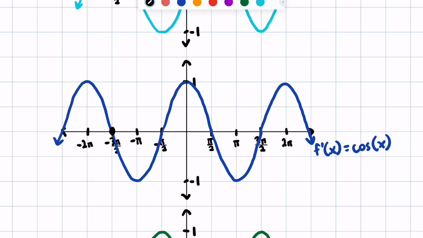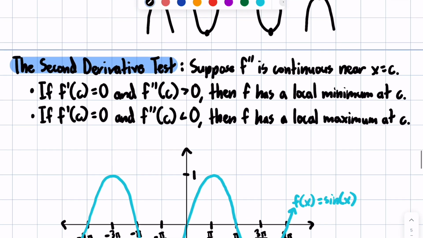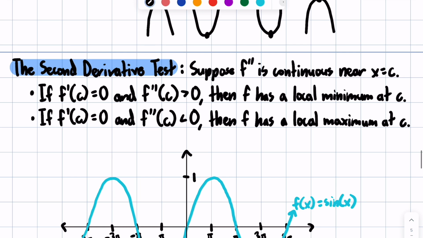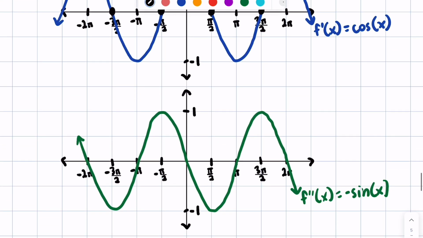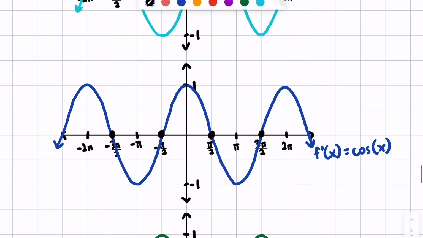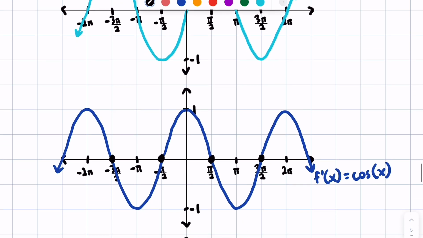So we have this point, this point, this point, and this point. You could also include these two, but I'm not going to because it goes on forever and we have to stop somewhere. So those are going to be our critical points. Now we need to see if f double prime is continuous near them. Well, negative sine is continuous everywhere, so that works fine. And now we see where the second derivative is positive and negative.